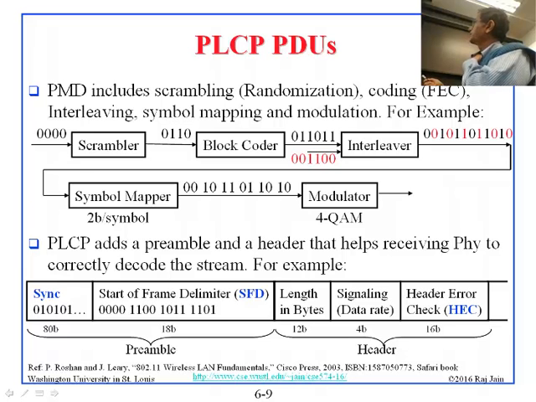Whatever comes out, either before the modulator or just after the modulator, I'm not really sure at this point, we will add extra bits. That's the bits I'm talking about. FEC, error correction. I think before the modulation. Yeah, before the modulation, we will add extra bits.